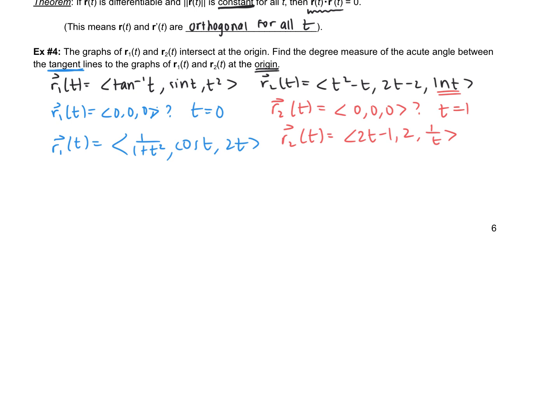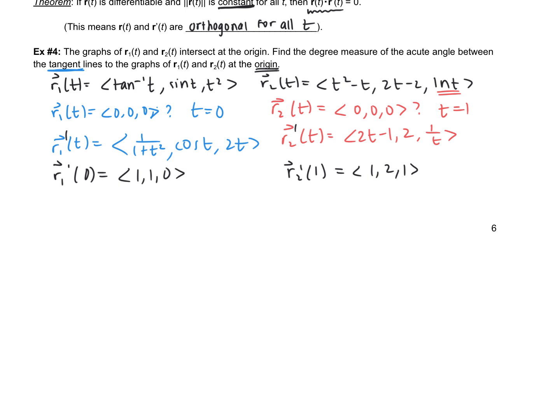Okay, so this is a good point for us to pause and make sure we have a direction moving forward. We are looking for the acute angle between the tangent lines. So we're going to have to find what the derivative is at 0 for our first vector function, which gives us 1, 1, 0. And then what the derivative is at 1 for our second function, because that's when we hit the origin, and we get 1, 2, 1.